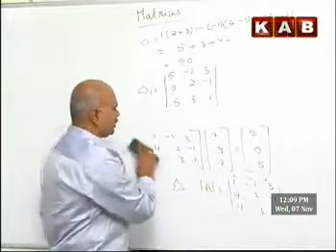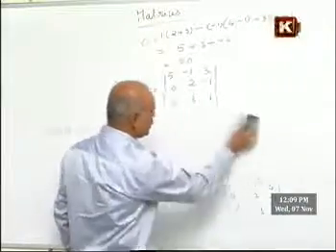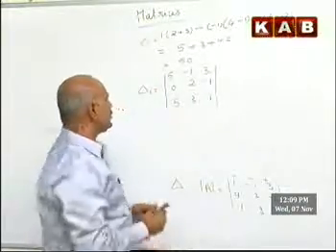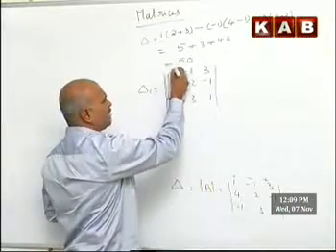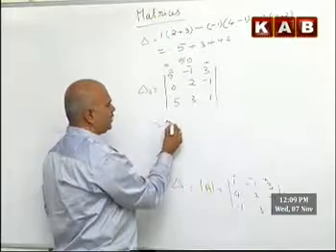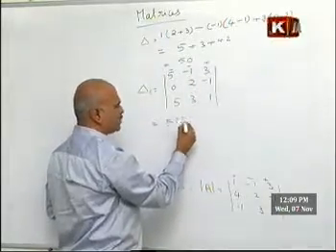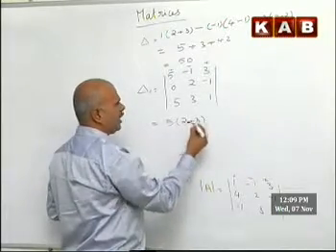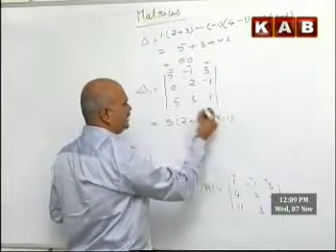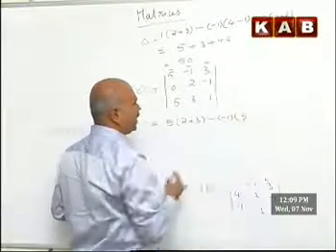When you got the delta 1, you have to evaluate the delta 1 also. Similarly, our previous sign scheme only we can apply. This is here plus, minus, plus. So this can be expanded as 5 into eliminating this row and this column, you get it as 2 plus 3. Again minus of minus 1 into eliminating this row and this column, this I can write 5.